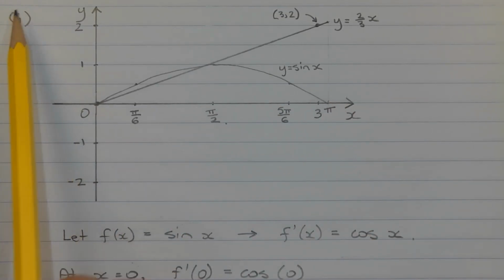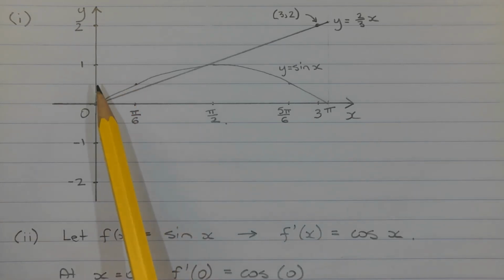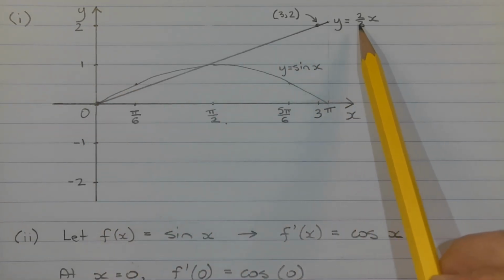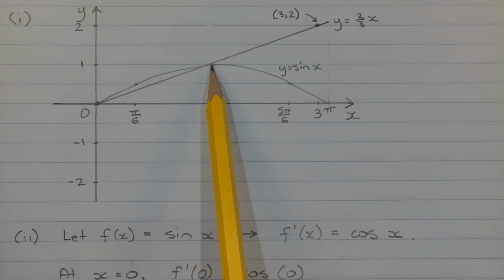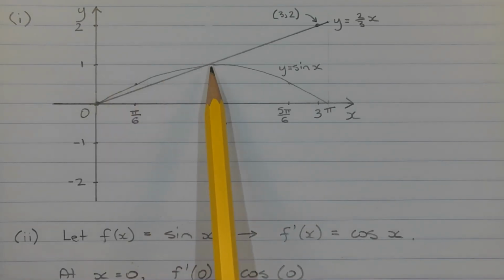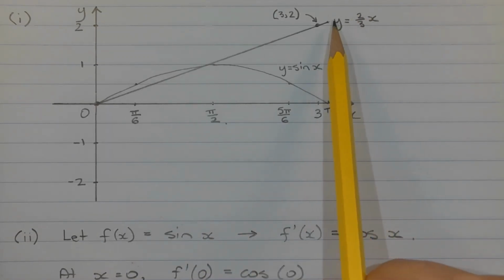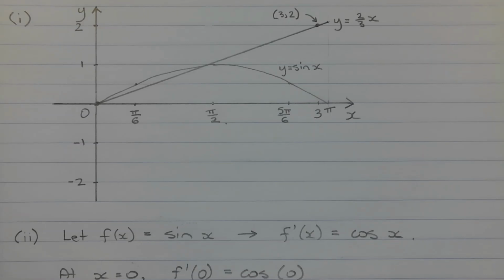Consider the graph that we sketched in part 1, and in particular, the line we sketched, y equals 2/3 times x. There's clearly a point of intersection somewhere between x equals 0 and x equals pi, so somewhere here. So consider the gradient of the line y equals mx.